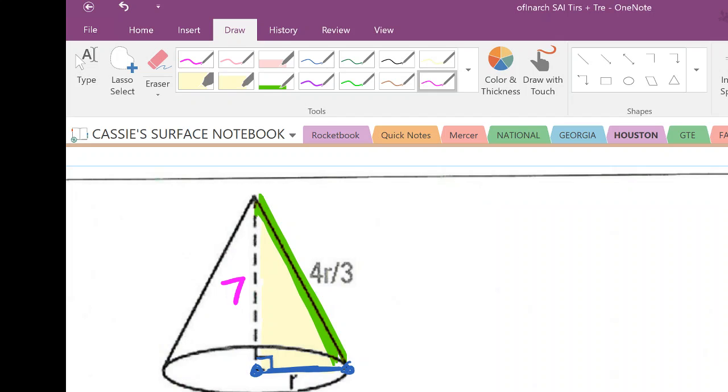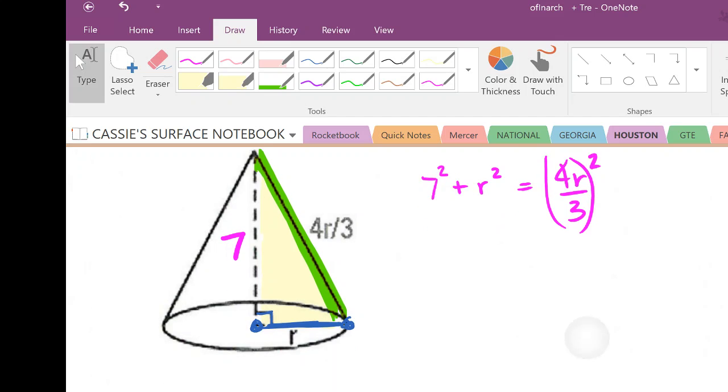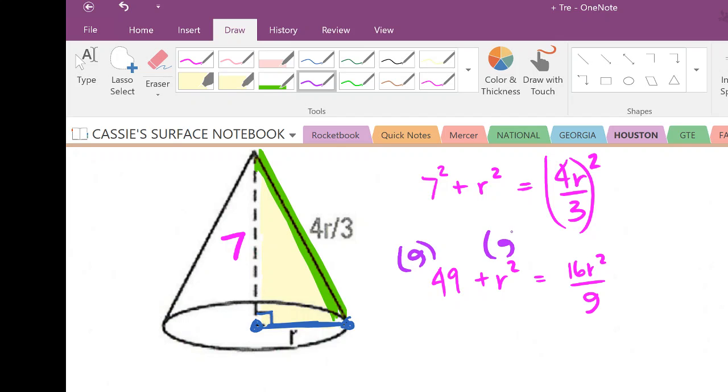So let's do 7 squared plus r squared is equal to 4r over 3 quantity squared. That gives me 49 plus r squared is equal to 16r squared over 9. Now, just the same as how I didn't want the 3's in the denominator previously, I'm going to go ahead and get rid of that over 9 situation.